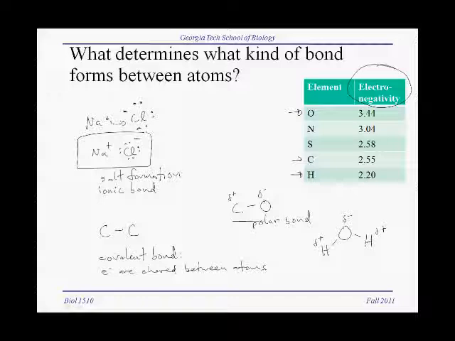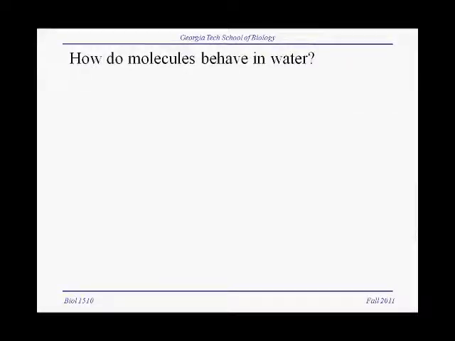The importance of polar versus nonpolar bonds is how these molecules behave in water. So since water molecules are all polar, the water molecules have partial charges, and we call them dipoles, because the oxygen atom has a partial negative charge.